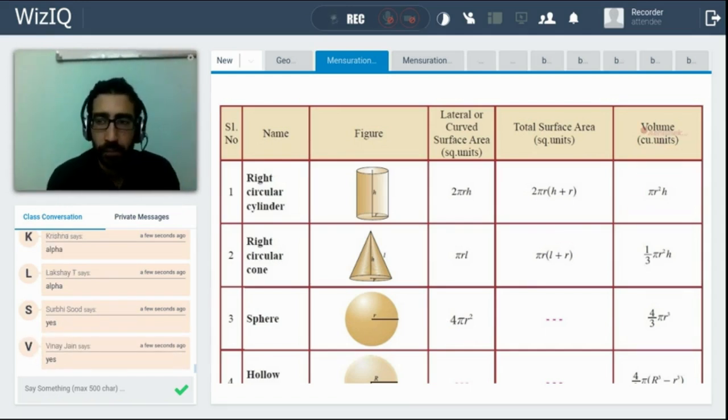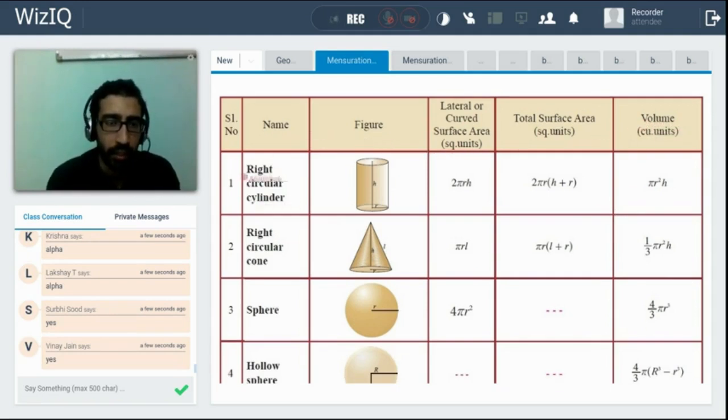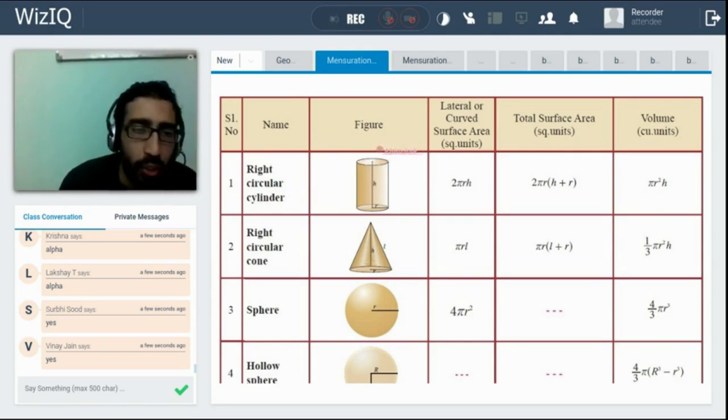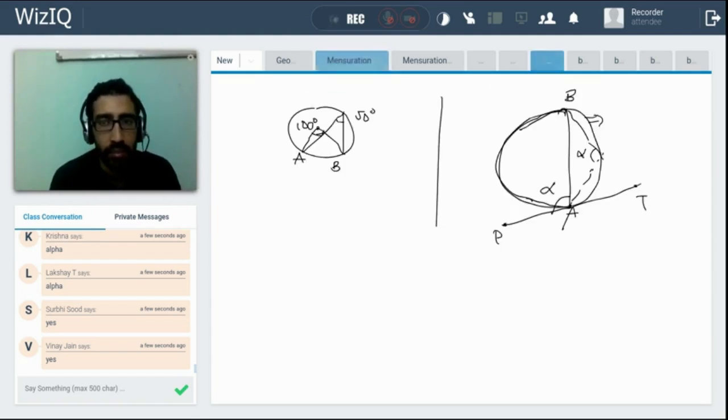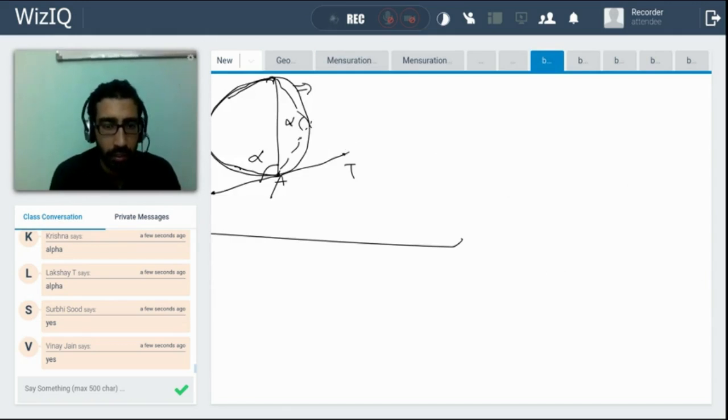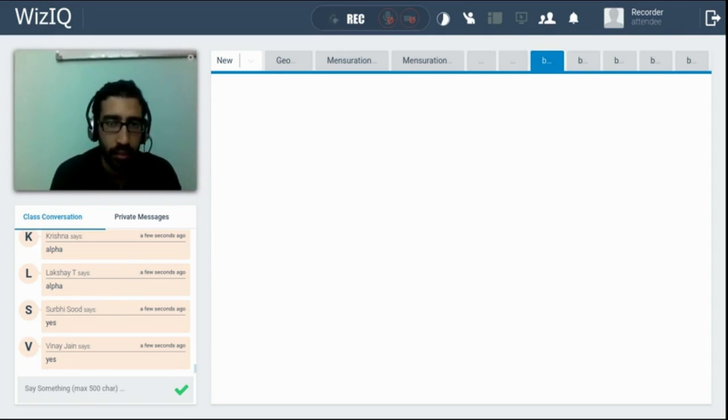So let's talk about a right circular cylinder. When you hear the term right circular cone or right circular cylinder, it essentially means one in which the base or the top of the cylinder... This is what a cylinder looks like.